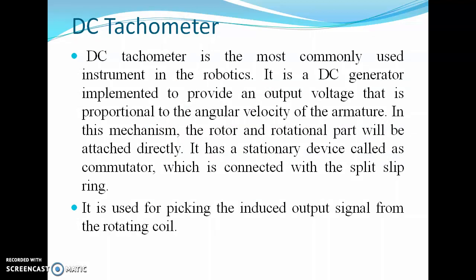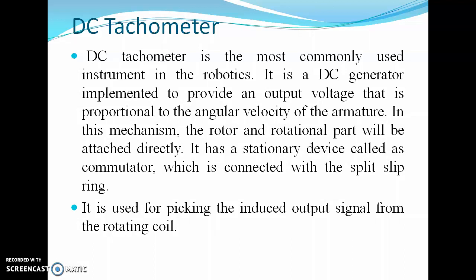A DC tachometer is the most commonly used instrument in robotics. It is a DC generator implemented to provide an output voltage that is proportional to the angular velocity of the armature.